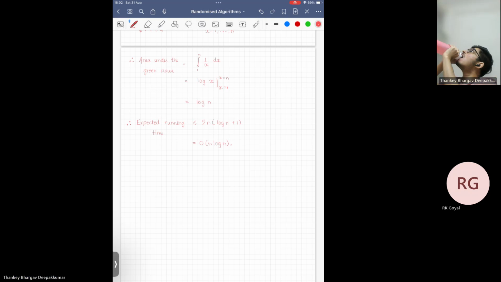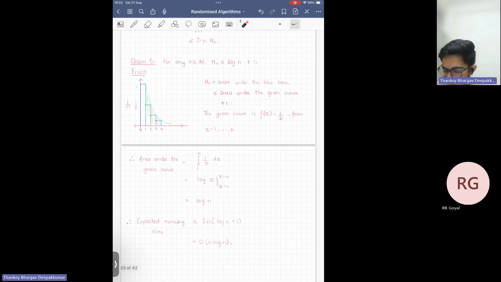And a comment about this. This is not something that will only work in this case. This can work in a lot of cases when you have some function, let's say f of x, and you want to find the sum over i from 1 to n of f of x. You can upper bound that by an appropriate integral.